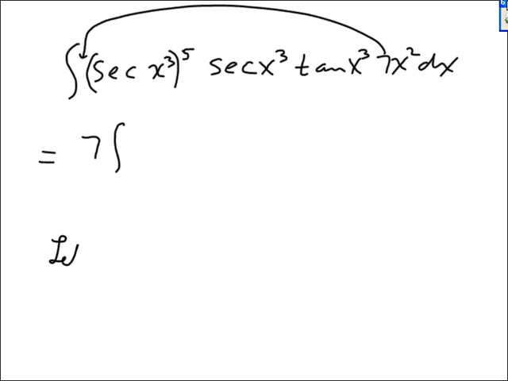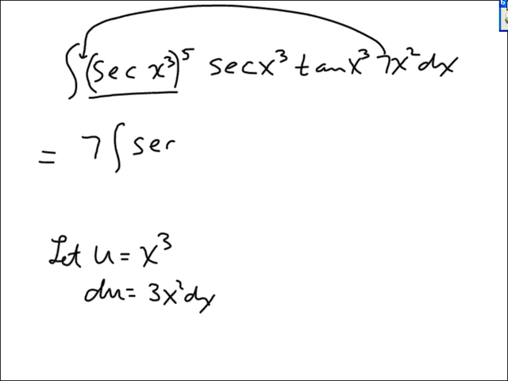And like with any trig function, you should try to start off with letting u equal an angle. So this is x cubed, and then du will be 3x squared dx. So this will be secant of u to the 5th power, I'll put the 5 there, times secant of u, and this here will be tangent of u, and the 7's no longer there, we put it in the front.